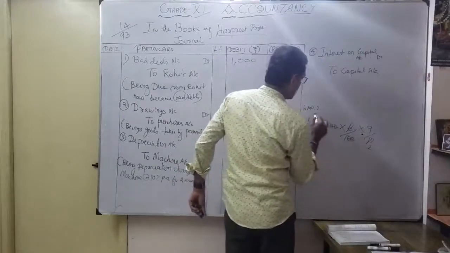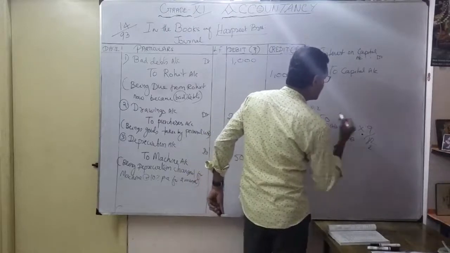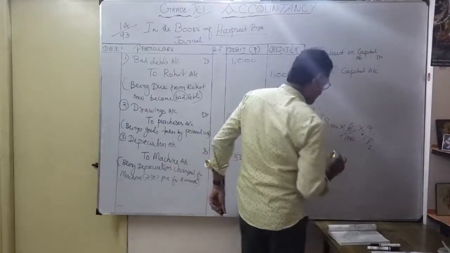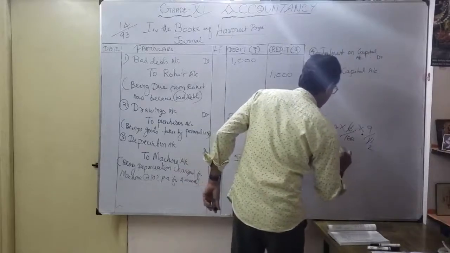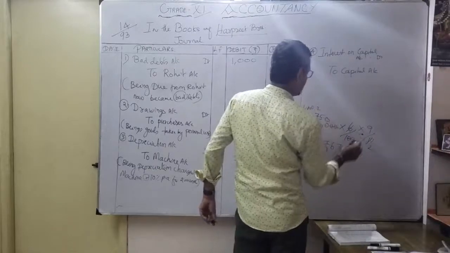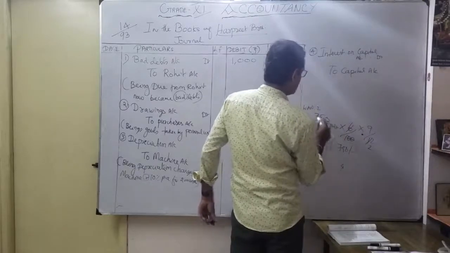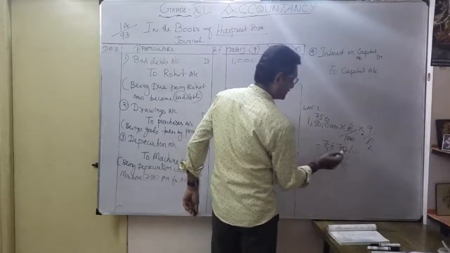See here, 7 2s are 14, 10, 750. When you multiply by 9, what is the value? 6,750. 0, 5 9s are 45, 4, then 9 7s are 63 plus 4, 67. You understood?